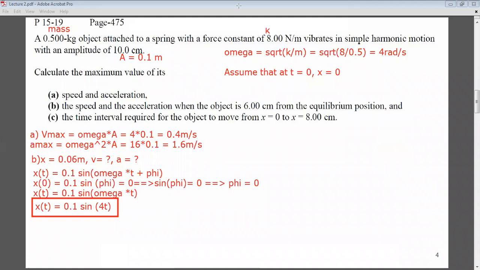If x of t is 0.1 sine 4t, then for v of t we just have to take the derivative of the sine function. The derivative of the sine function is a cosine function, and the derivative of 4t is 4. So I have to multiply this by 4, and then I get v of t is 0.4 cosine 4t.